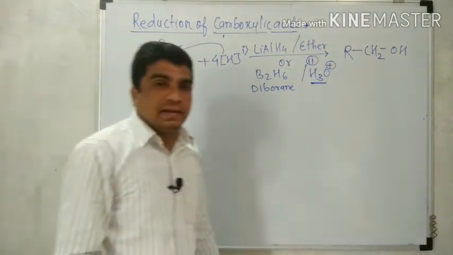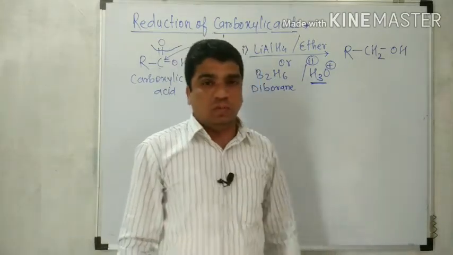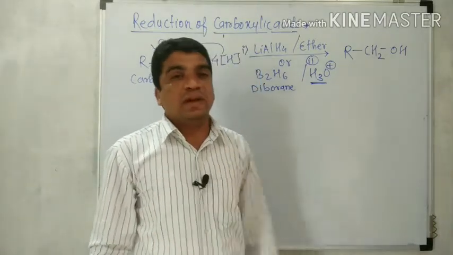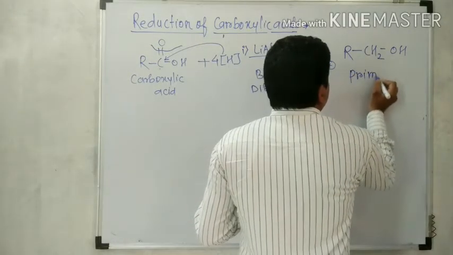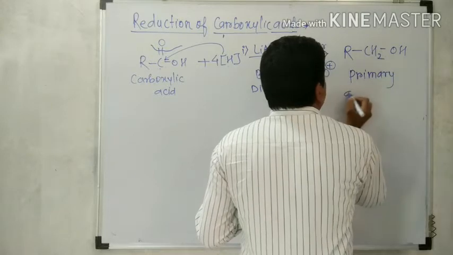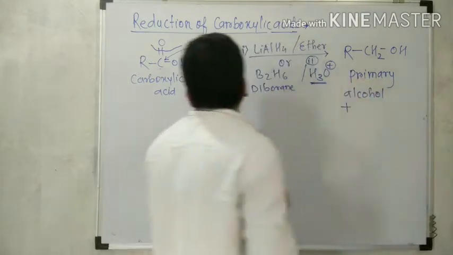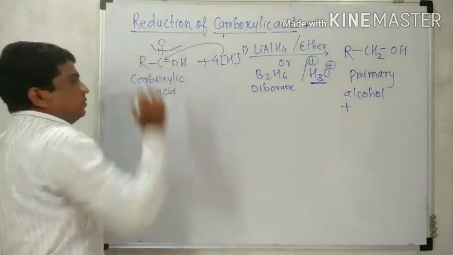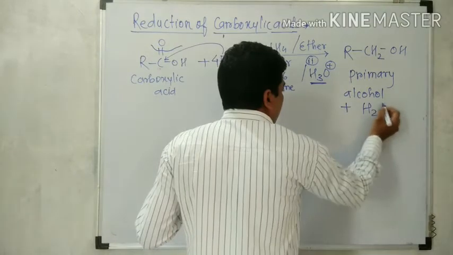We know that an organic compound that contains the CH2OH group is a primary alcohol. So we obtain primary alcohol as the product of the reaction. What remains? That oxygen and the remaining 2 hydrogen combine to form water.